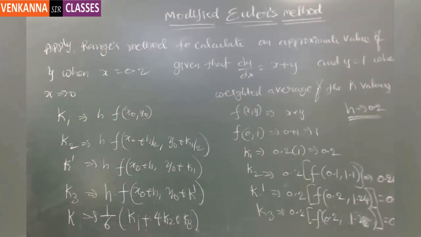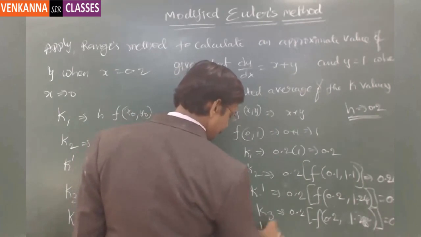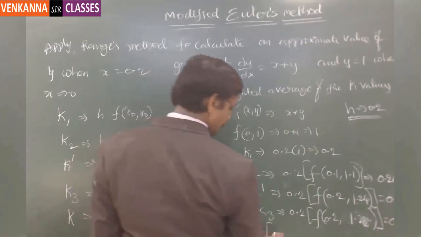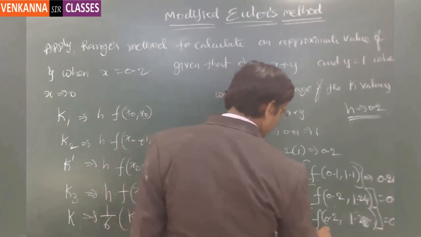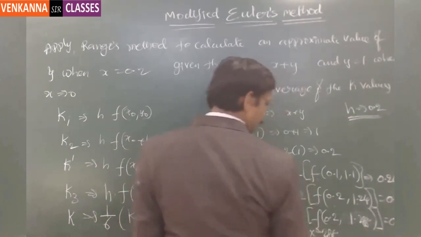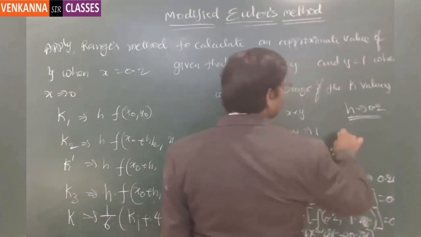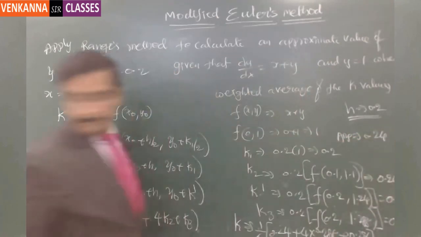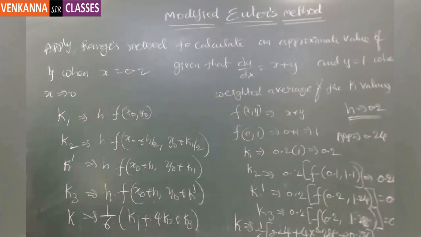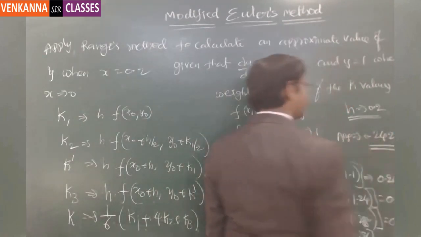Then the weighted average of this is 1 by 6 times of 0.24 plus 4 times of 0.288 plus 0.296. So the answer is 0.2426. So 0.2426 is the k value.